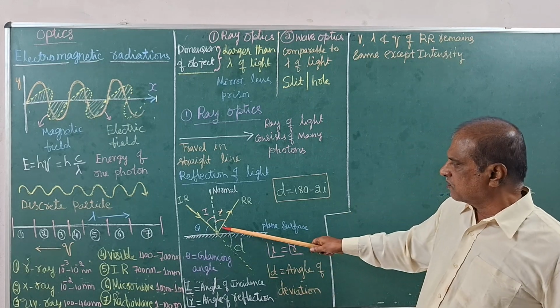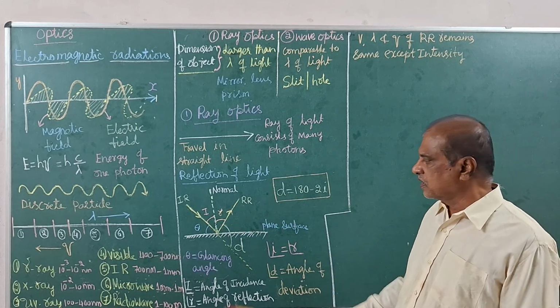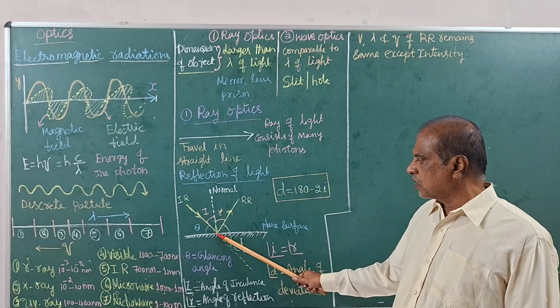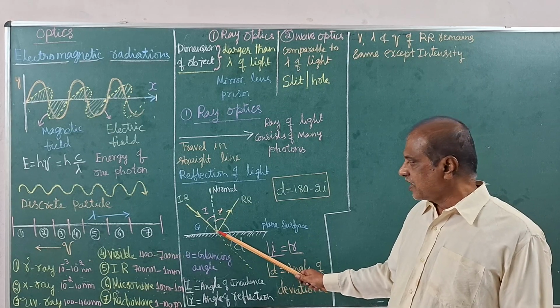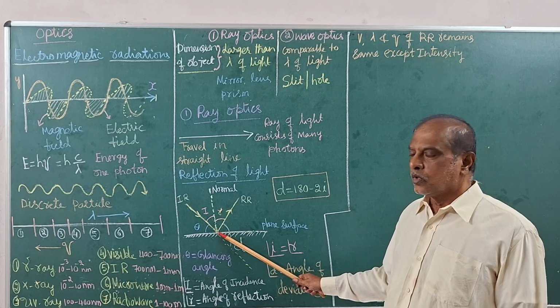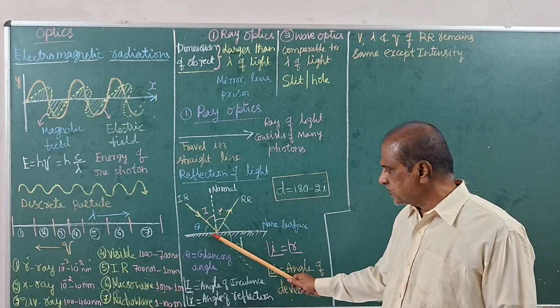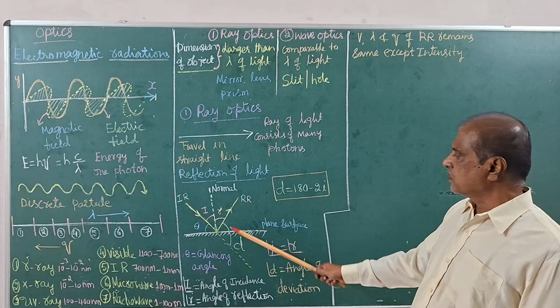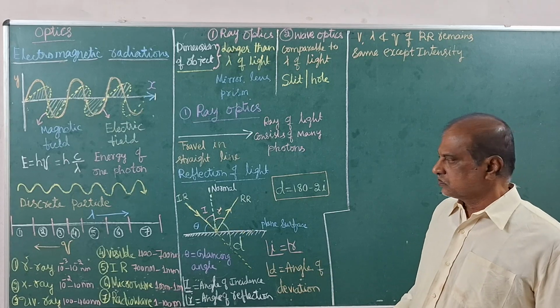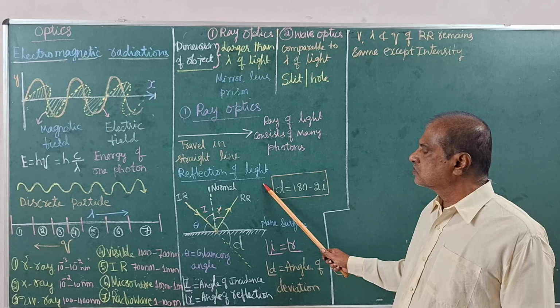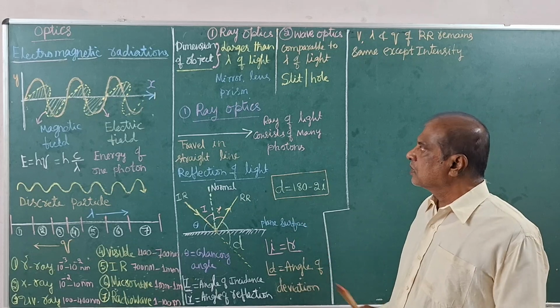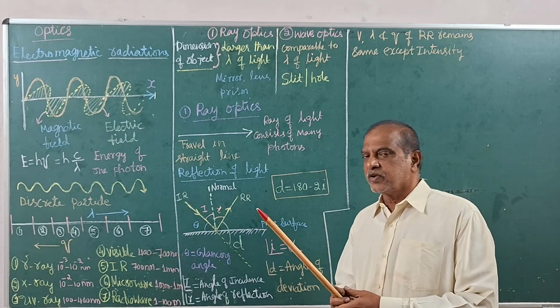There is no 100% reflection. It is because of the absorption of some photons and scattering of photons at the site of incidence, due to the molecules or atoms of this material. That is what I want to stress. This is about the reflection of light. That is a brief introduction.